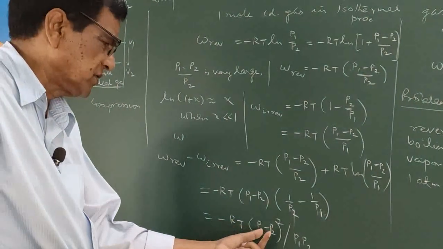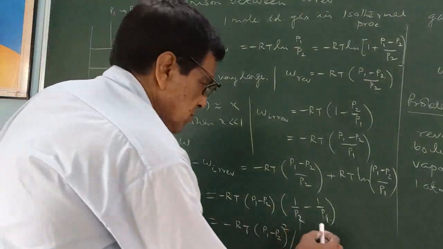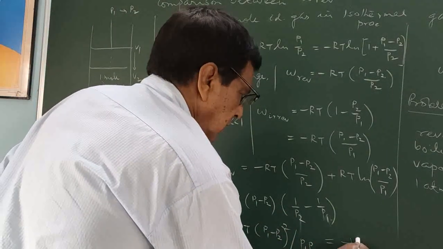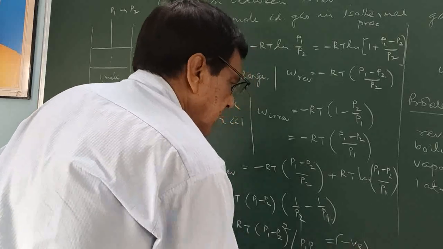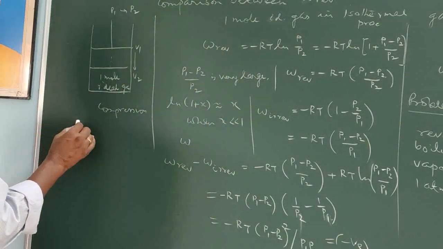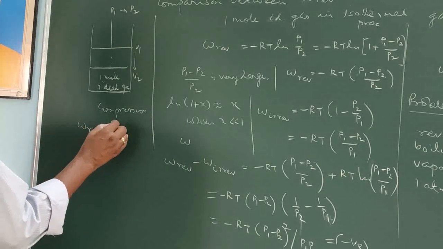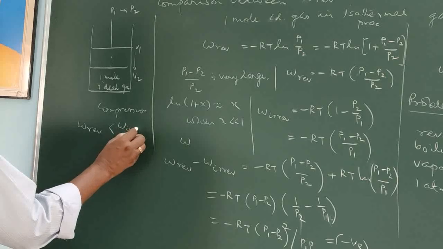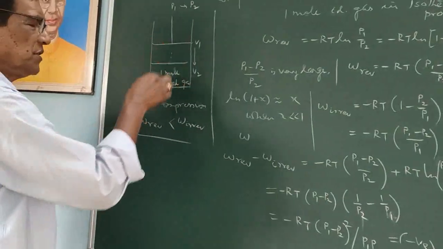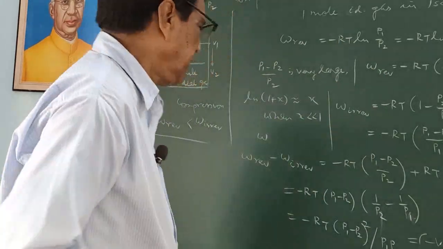This square term is always positive, and RT is positive, so this one is negative. What does it mean? In case of compression, the work done in reversible process is less than work done in irreversible process. Means if we do this compression in reversible process, then more work has to be spent.